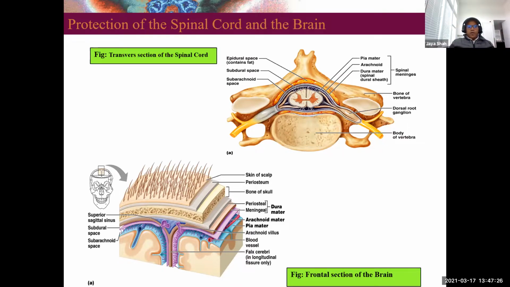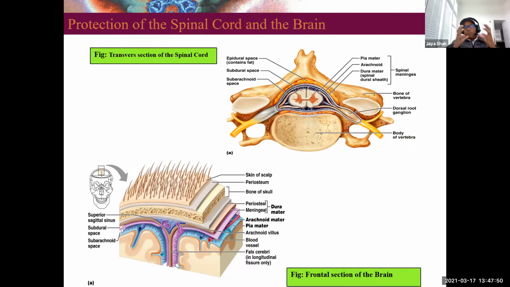So you have a brain or a spinal cord. You see the central hole here in the spinal cord. This is called the central canal. In the central canal, you have CSF too, and around the spinal cord, you have CSF. Similarly, you have CSF in the subarachnoid space, and you have CSF in the cavity in the center of the brain, called the ventricles.